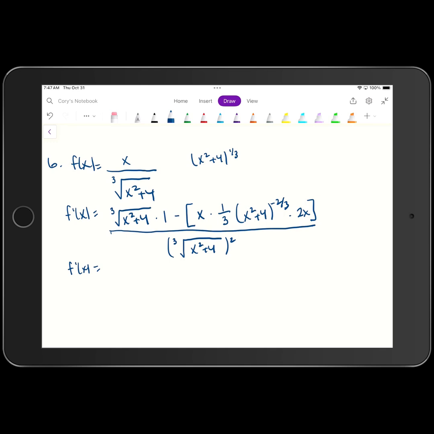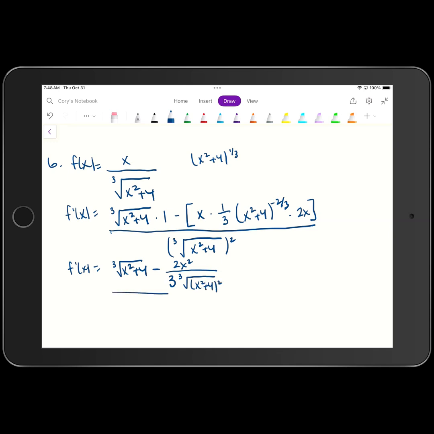So this gives me the cube root of x squared plus 4 minus, when I multiply all that out, what I'm left with in the numerator is 2x squared. In my denominator, I have 3 times x squared plus 4 to the 2/3 power, which in radical form is 3 times the cube root of x squared plus 4 quantity squared.